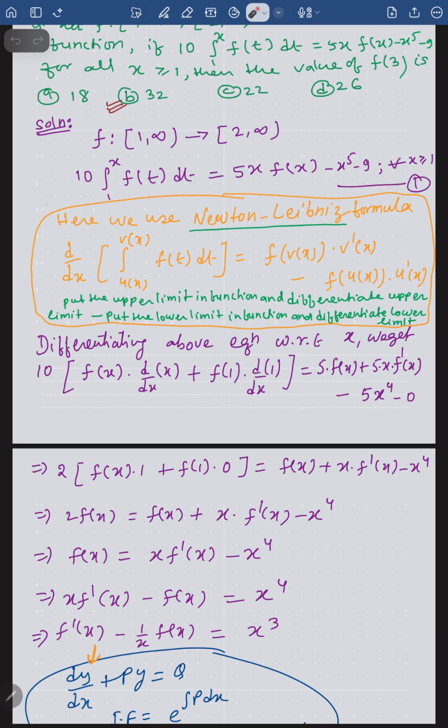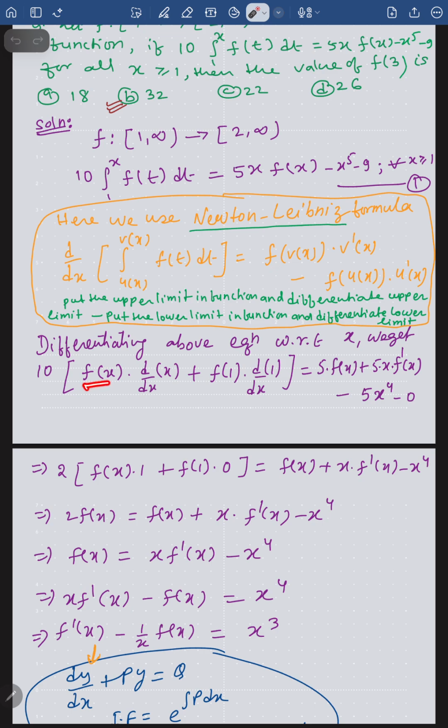For that we will differentiate this equation 1. So differentiating the above equation with respect to x, we get: 10 is the constant, so no problem, 10 is outside of everything. Now what the Newton-Leibniz formula says is that if you have the case of d/dx of the integral of some function with upper limit and lower limit, then we put the upper limit in the function.